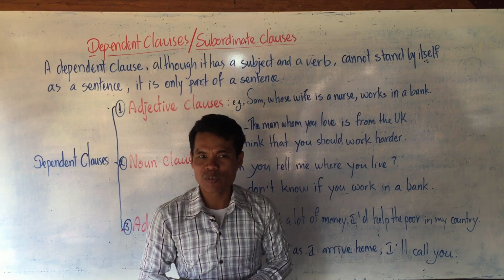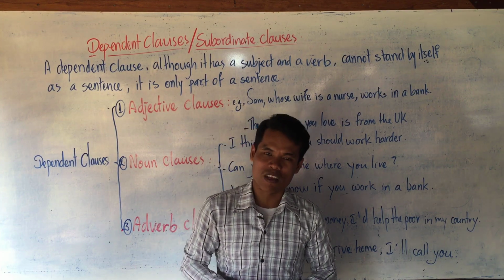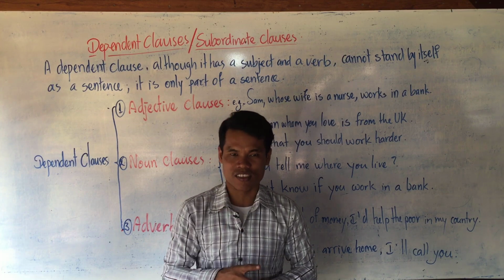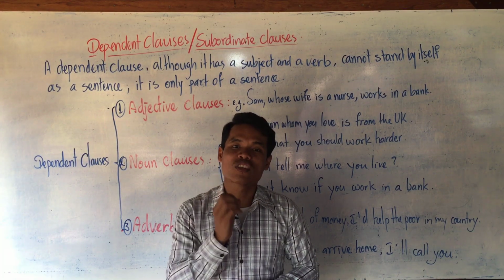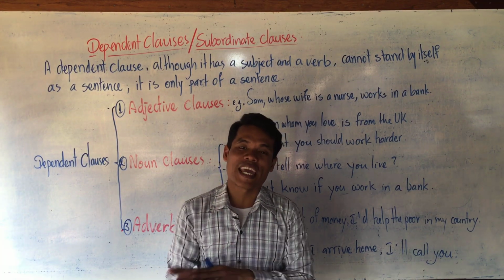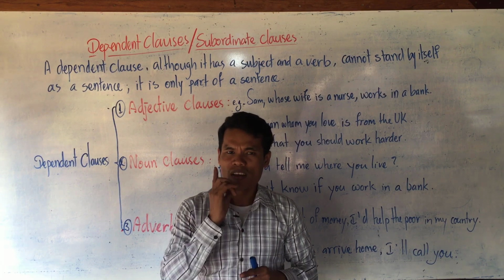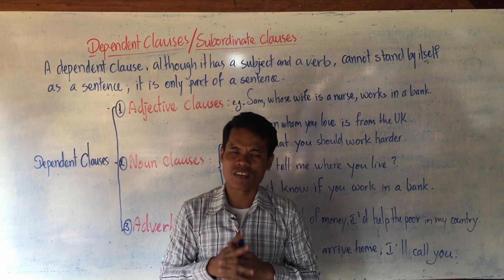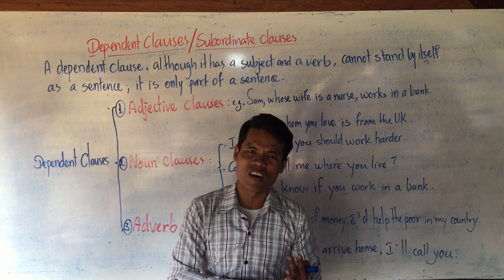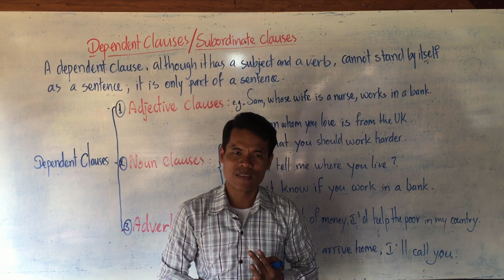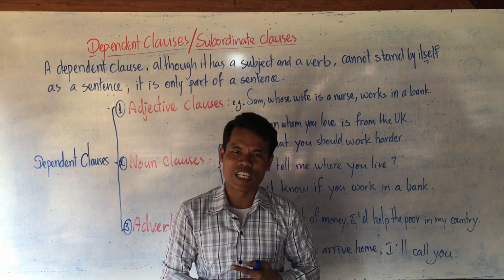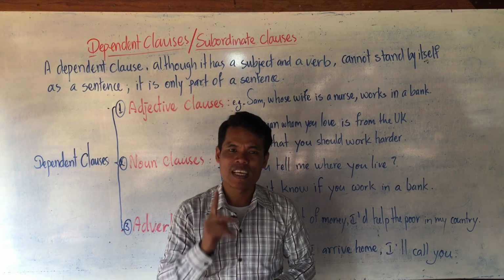Before doing that, I really want to ask you the definition of clauses. What is a clause? A clause is a group of words with its own subject and verb. There are two types of clauses. One is IC or independent clauses. What is the definition of independent clauses?